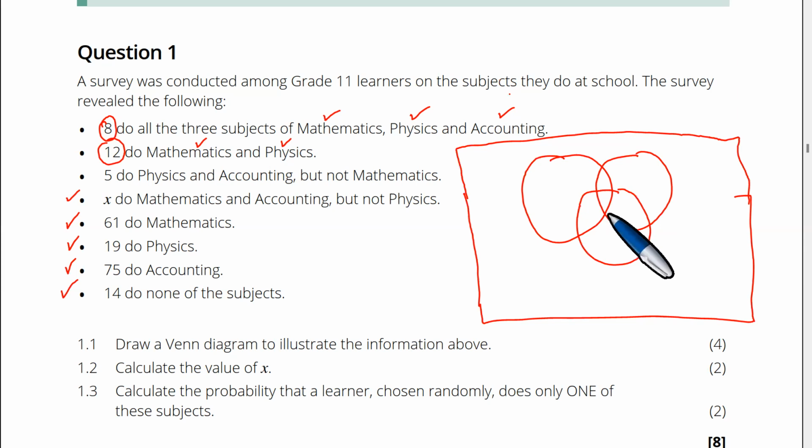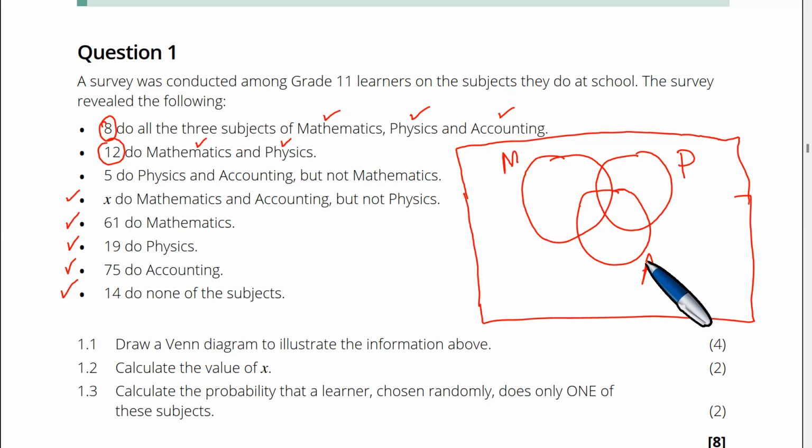If you have those events, we note that we have 8 learners that do all 3 subjects of mathematics, physics, and accounting. So we have those students that do mathematics, let's call that event M. Those that do physics, we call that event P. Those that do accounting, we call that event A.